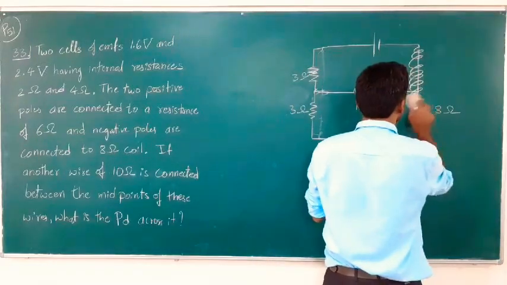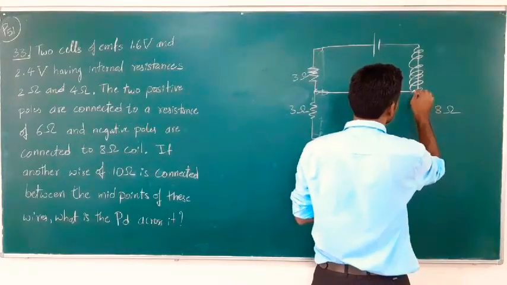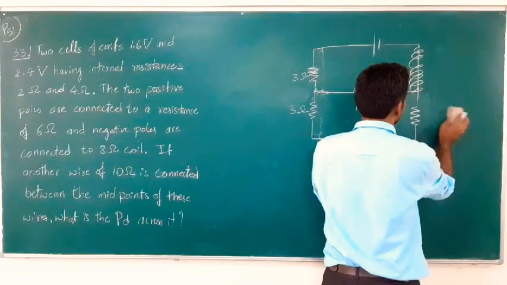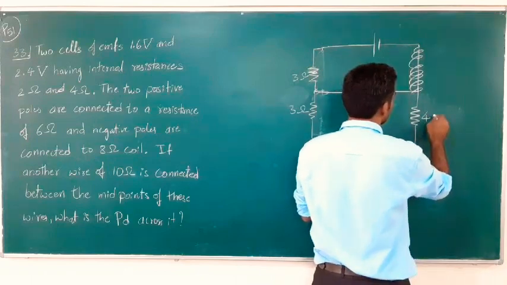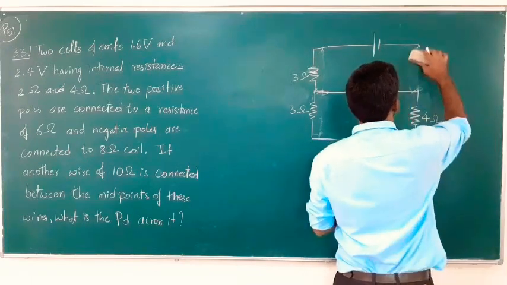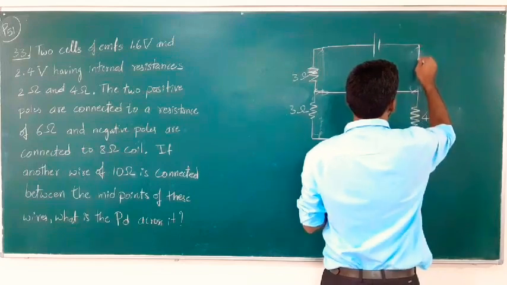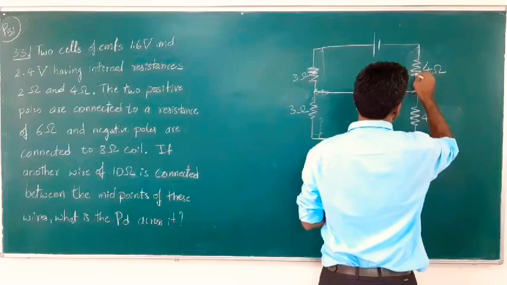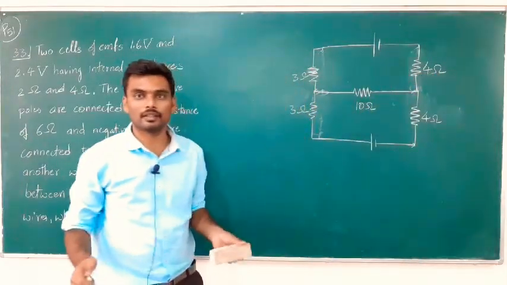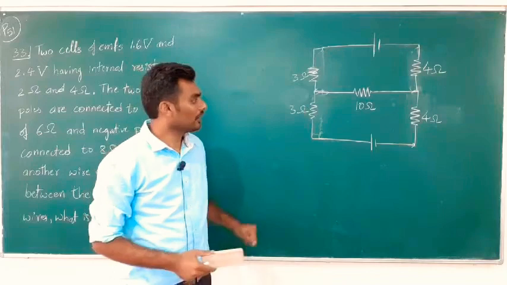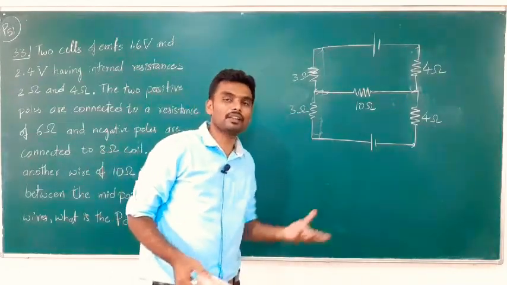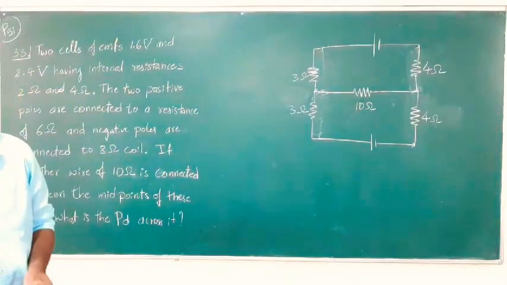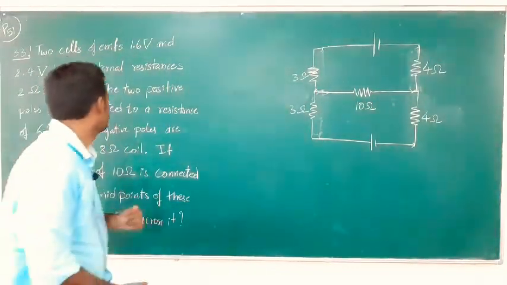Similarly, here you have one 4 ohm resistor and the other 4 ohm resistor. Okay. This is the reduced circuit or the final circuit which is drawn using the data given in the descriptive way of the question. Okay, right.